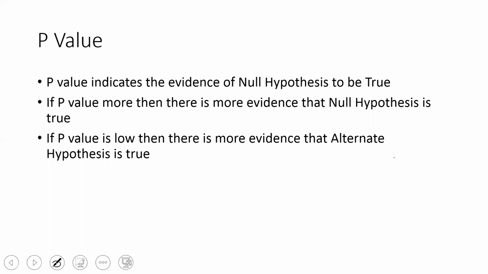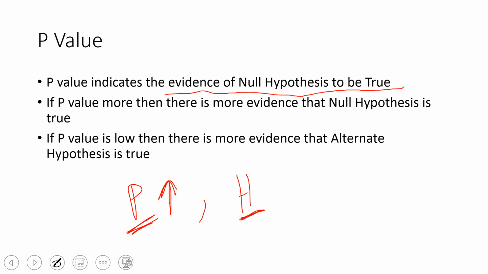The p-value indicates the evidence for the null hypothesis to be true. If the p-value is high, that means I have more evidence that the null hypothesis is true.